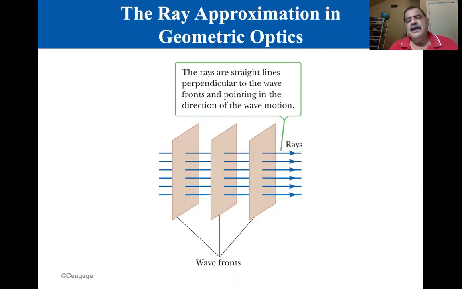So this is the way we imagine waves when we study reflection and refraction. This is the image we want to have, not the image I showed you earlier of the circular waves from a pebble dropped in a pond, radiating outward.